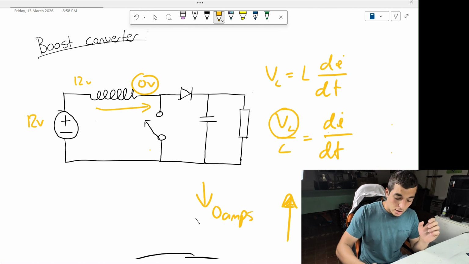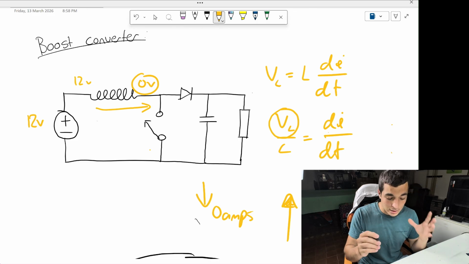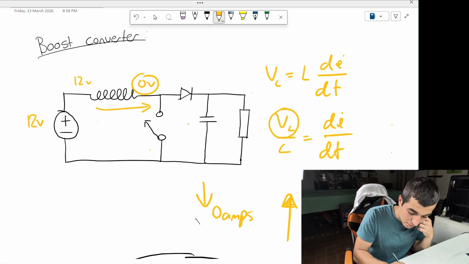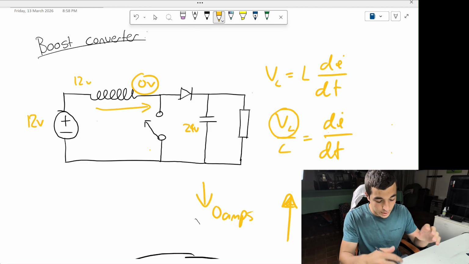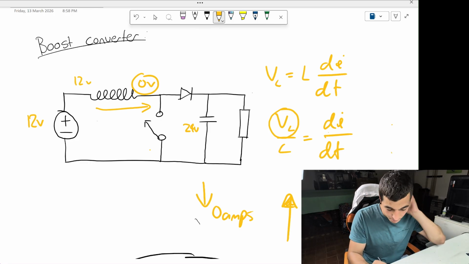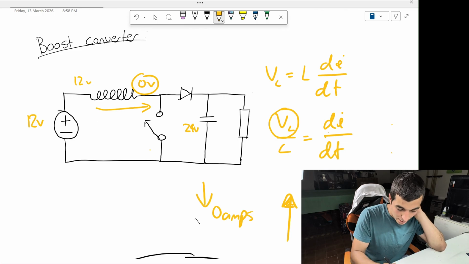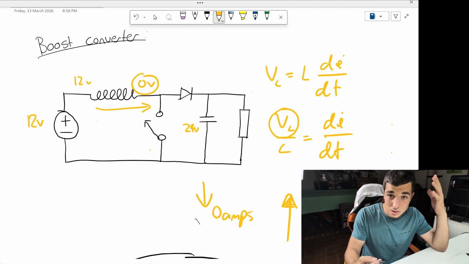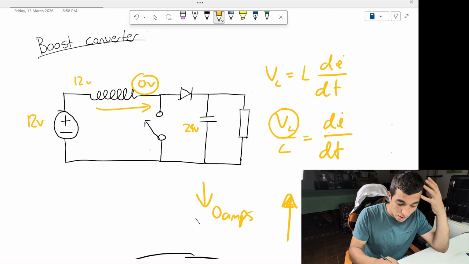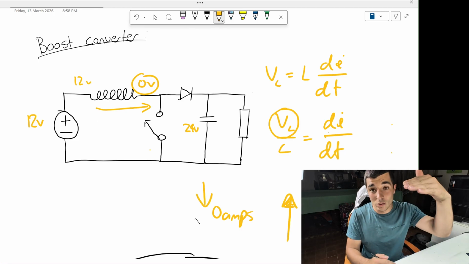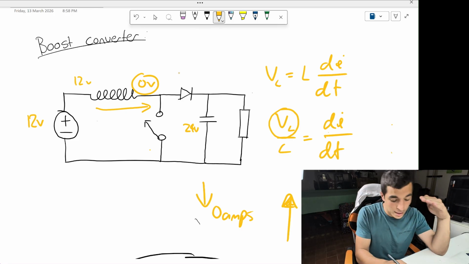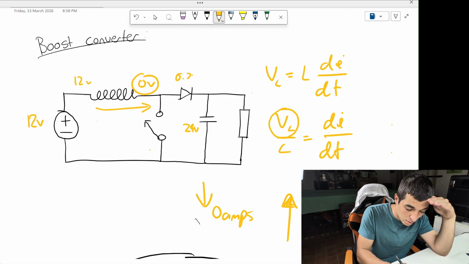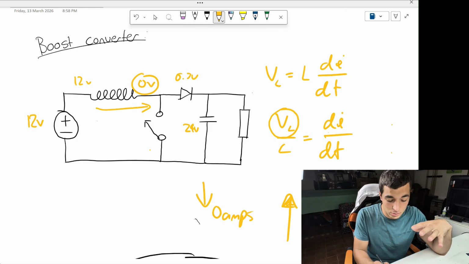Say on the other side, on the capacitor, we have 24 volts. We've already done the cycle, so there's 24 volts on the capacitor. Now the inductor voltage is going to skyrocket, and it's going to hit 24 volts, and then it needs to go past the diode threshold voltage.